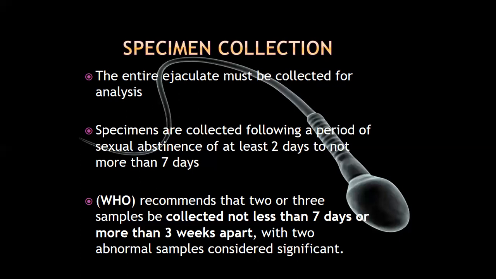That's why failure to collect it will lead to a false decrease in sperm count or sperm concentration. The second portion of the ejaculate contains a larger volume of the fluids. Failure to collect that second portion would result in a lower volume, and thus give us false results during semen analysis.